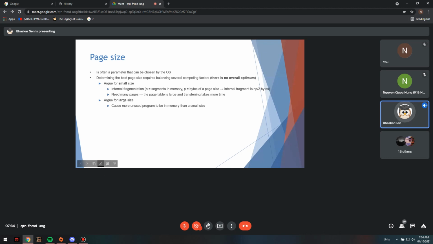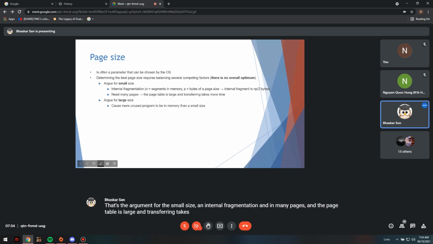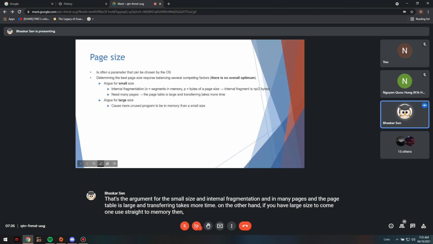That's the argument for the small size. There is internal fragmentation, and many pages, the page table is large, and transferring takes more time. On the other hand, if you have a large size, you can bring in more in one page to memory than with a small size. So there are always these kinds of arguments.